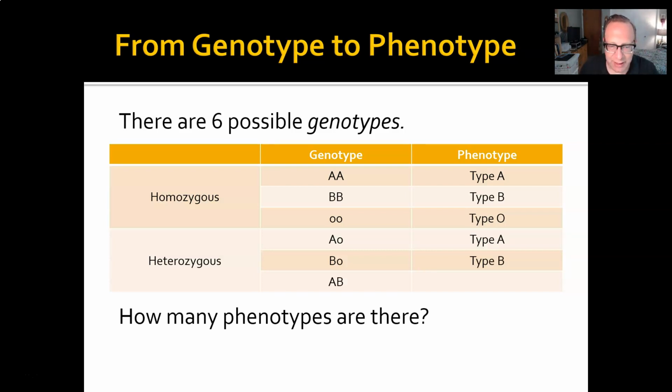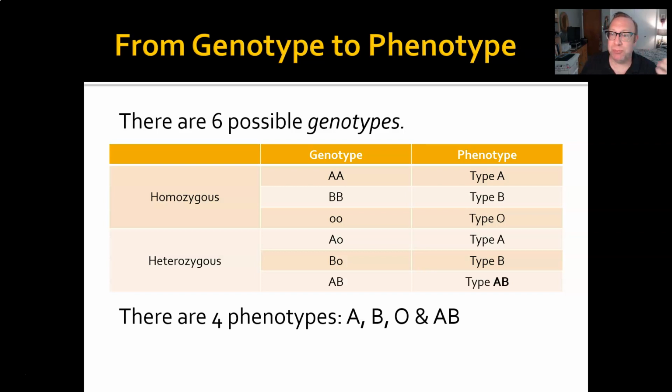The heterozygous types produce whatever the dominant allele is. So in AO, because A is dominant and O is recessive, you have type A. In BO, because B is dominant and O is recessive, you have type B. But what about AB? If both of them are dominant, what blood type would it be? Well, we call them codominant because they both produce their product.